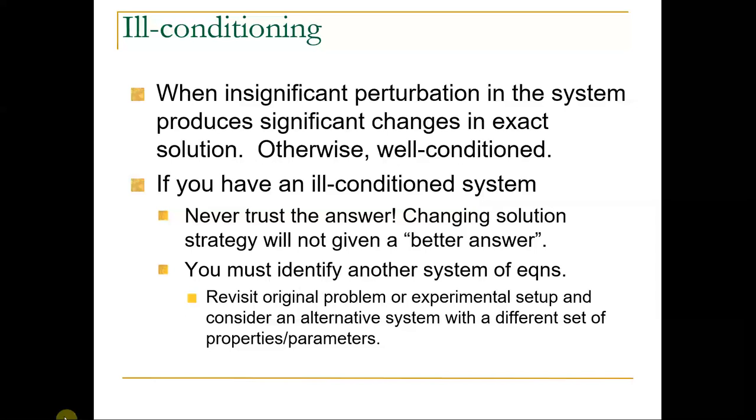Alright, so ill conditioning has to do with when an insignificant change in the system means a significant change in the solution. I can't tell you what it is for other systems, but in chemical systems we call it testing the sensitivity.